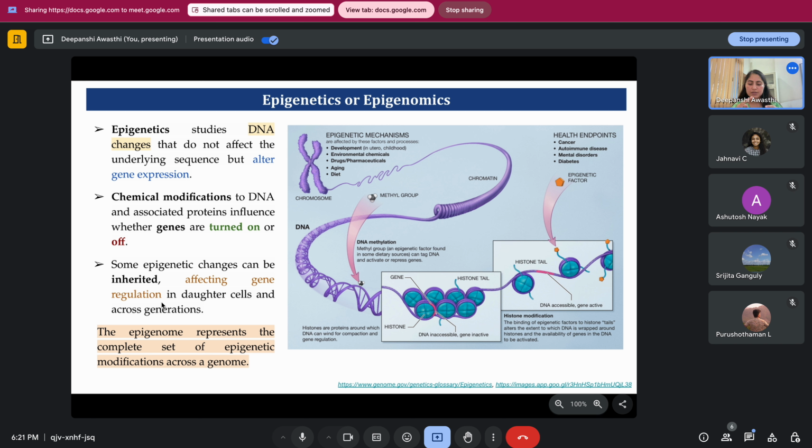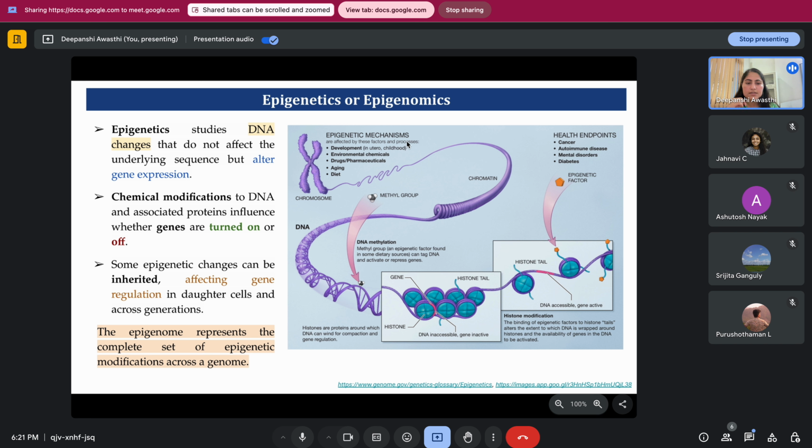So when a baby is formed, it contains the genes from both the parents, but only the maternal copy gets expressed. That is imprinting, when one of the parental genes is expressed and the other gets silenced.